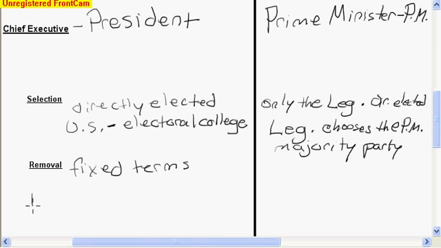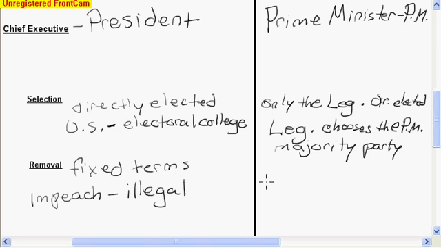We do have impeachment in the U.S., but that means that the president has to do something illegal. There's no other way to get rid of a president during their term, besides if they commit an illegal act.